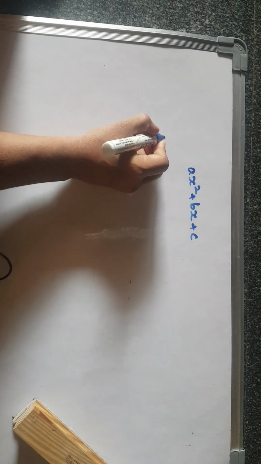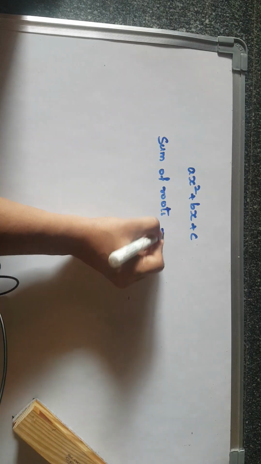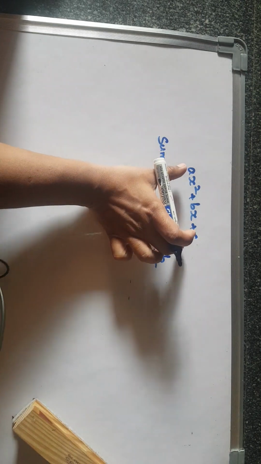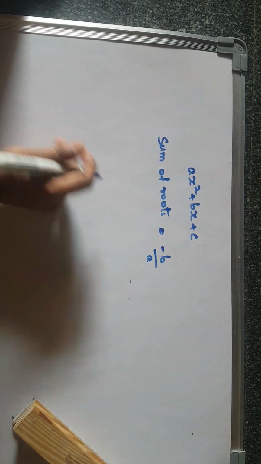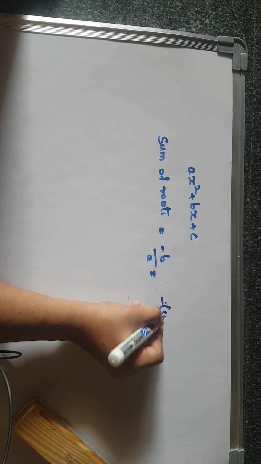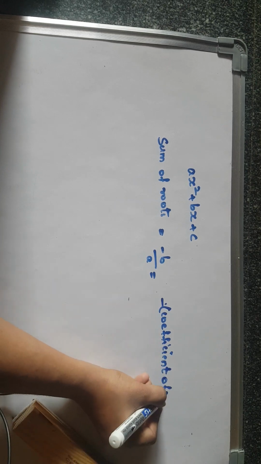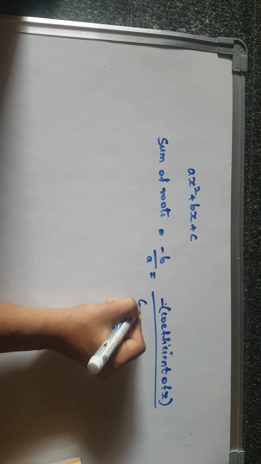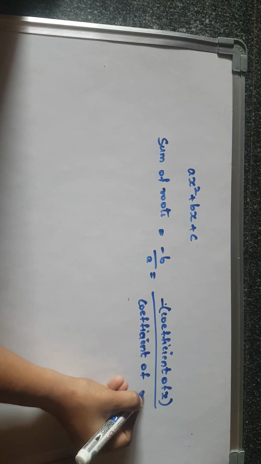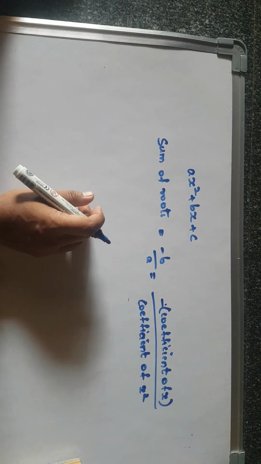Here the sum of roots becomes minus b by a, that is, minus of the coefficient of x by the coefficient of x square.